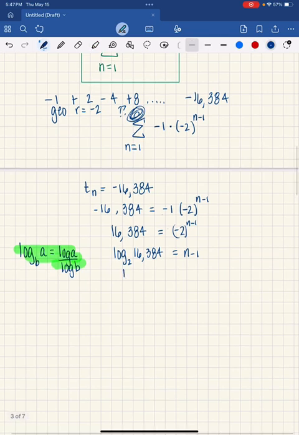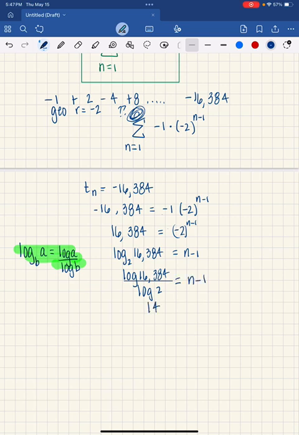So on the calculator, you would do the log of 16,384 divided by the log of 2. And I think that is, of course, I didn't do it ahead of time. So I think that is, let's see here, the log base 2 of 16,384, 14.